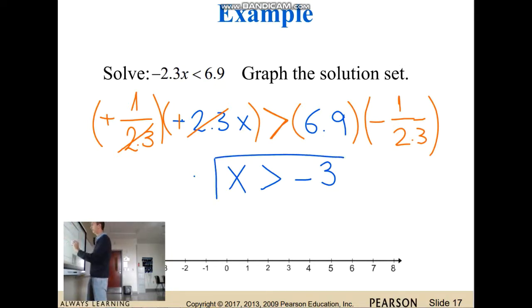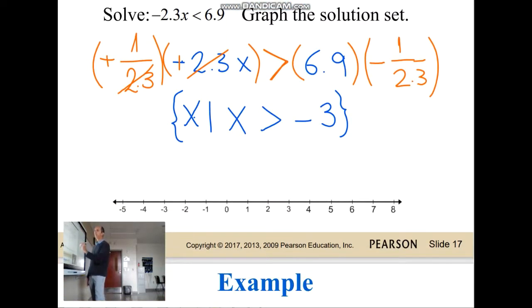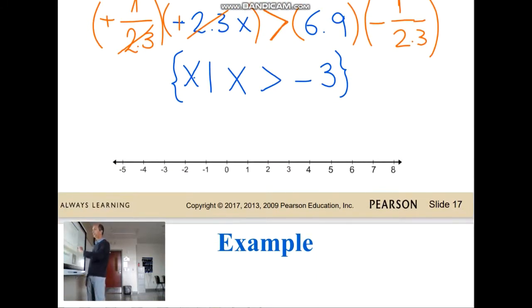If we want to write this using set notation, it's x such that x is greater than negative 3. If we want to represent it on the number line, find negative 3. Negative 3 is here. Everything greater than negative 3 is a solution of this inequality, all the way to infinity.